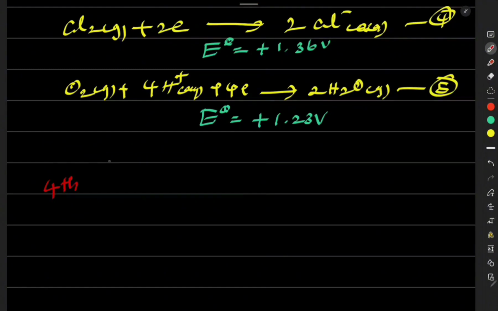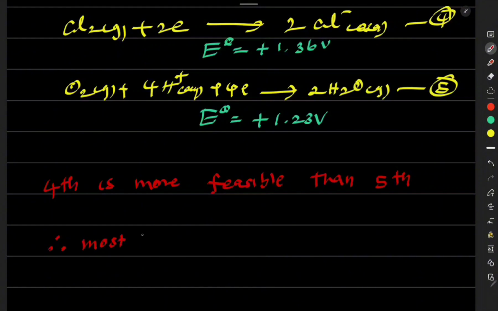The fourth reaction is more feasible than the fifth. Therefore, according to the standard reduction potential, the most favorable oxidation reaction is the fifth one.